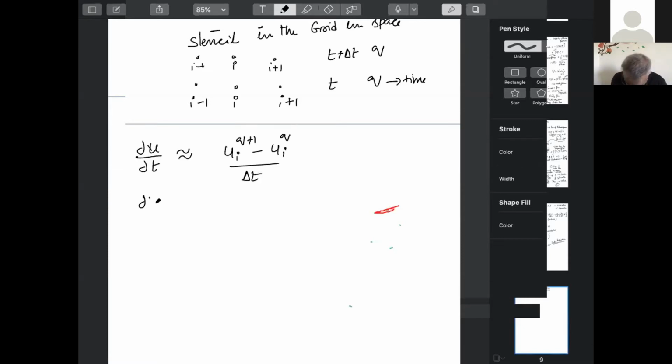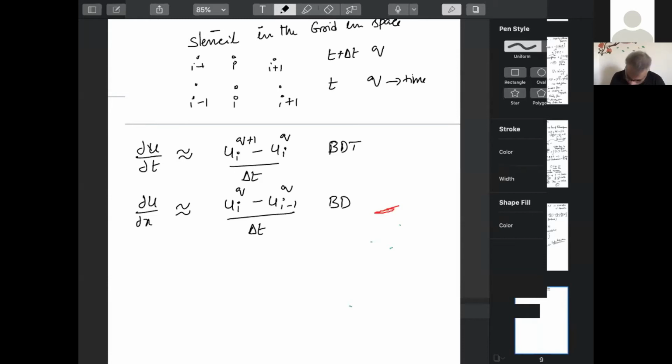Similarly, I have ∂u/∂x, which can be approximated as u_i at q minus u_(i−1) at q, by Δx. This is the backward difference. This is also, you are looking at q plus 1 minus q, so you are looking at backward difference in time.